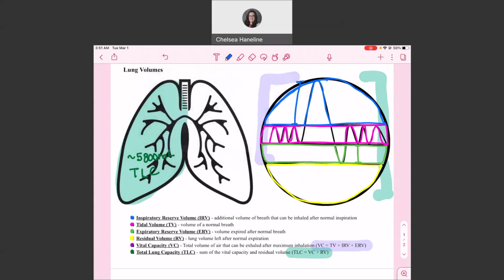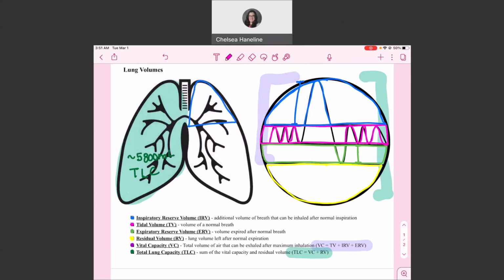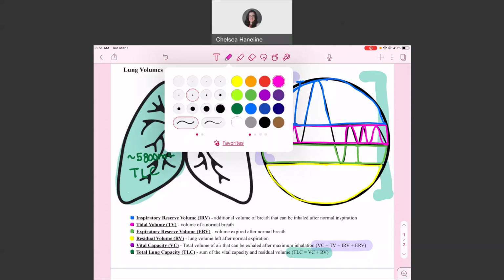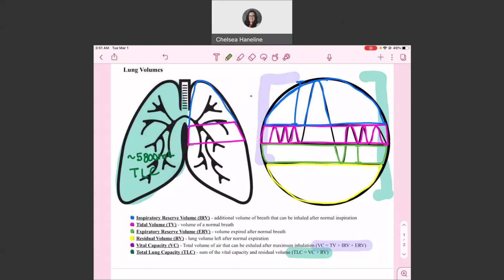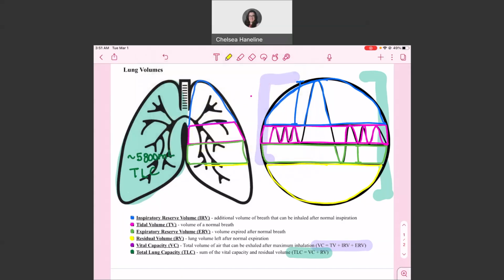My blue section I'm going to have be here, and then the pink section will be about here, green. Do the same thing on your graph, try to make it approximate. Then we're going to write the values of how much of our total lung capacity each of these are.